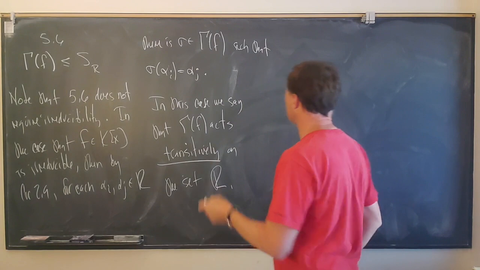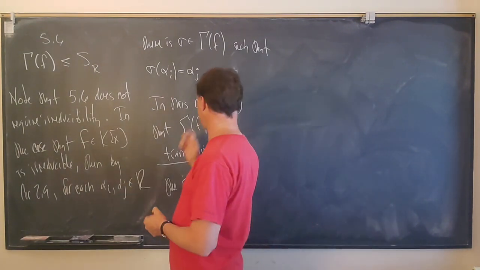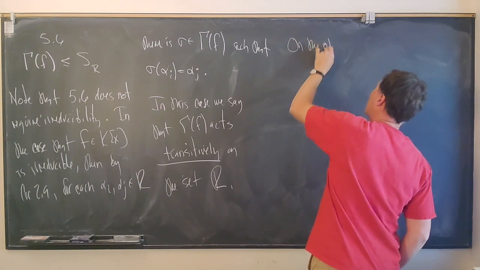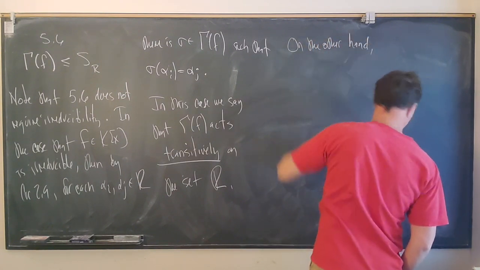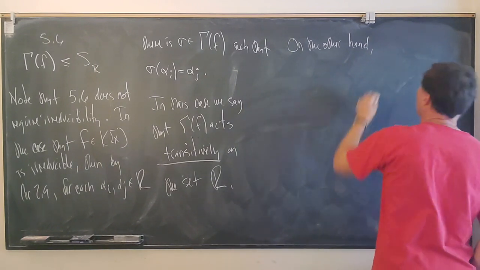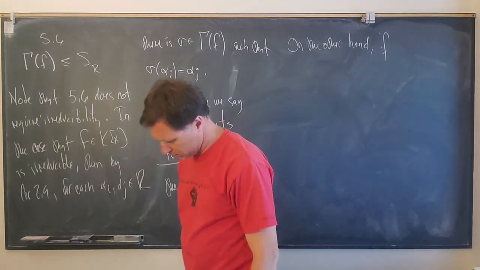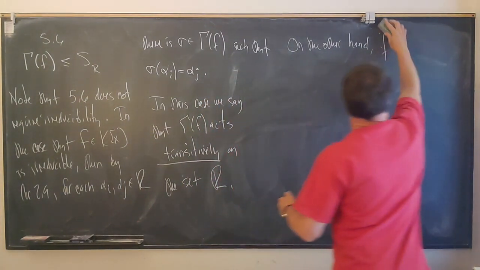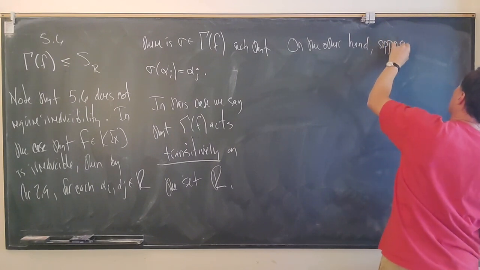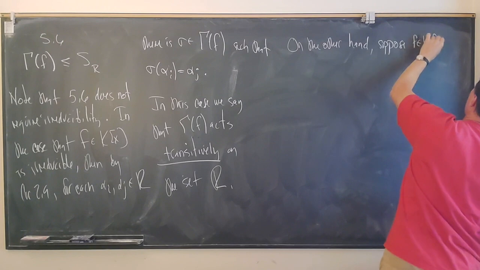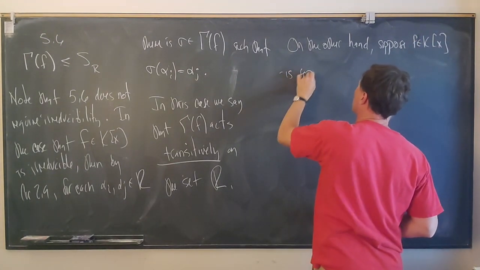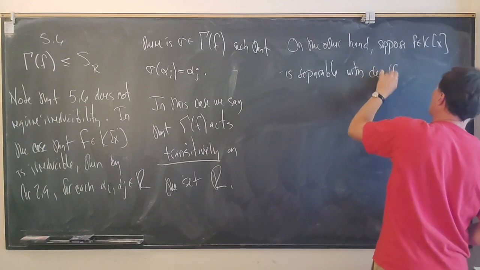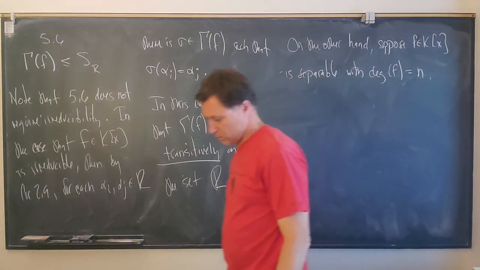Okay, so fine. If we have an irreducible polynomial, then the Galois group acts transitively on the set of roots. On the other hand, I think I need it to be separable. So suppose f in k[x] is separable with degree of f equal to n.